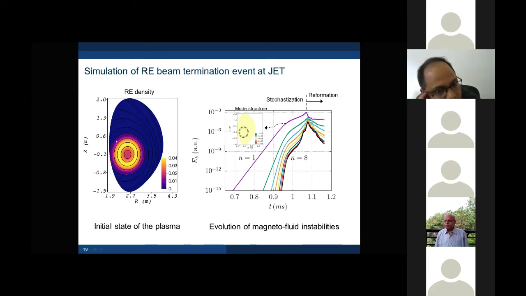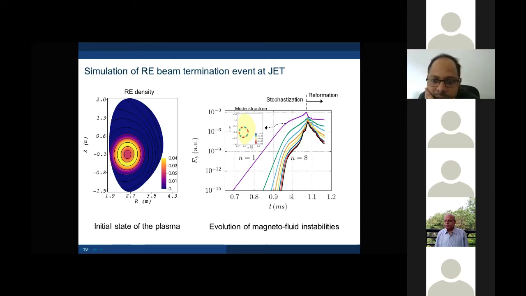The fact that this is a hollow profile could be obtained from various indirect clues from experimental data. I won't get into that, but the fact that it is a hollow profile was rather important for the kind of instabilities that we see here. So starting with such a state, I introduce small perturbations in the plasma and see how things evolve.